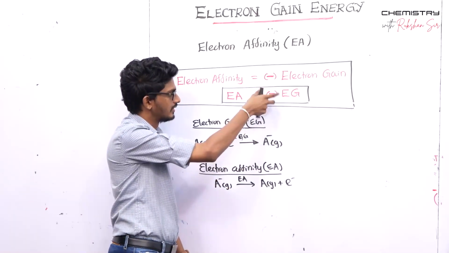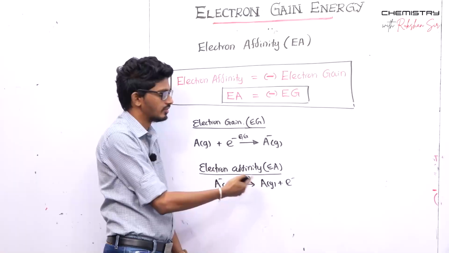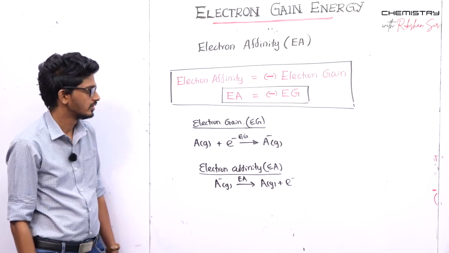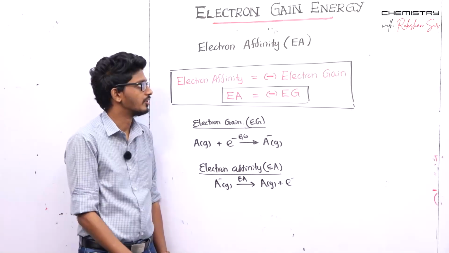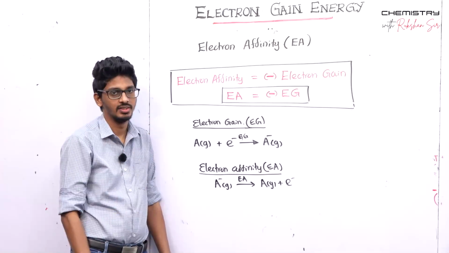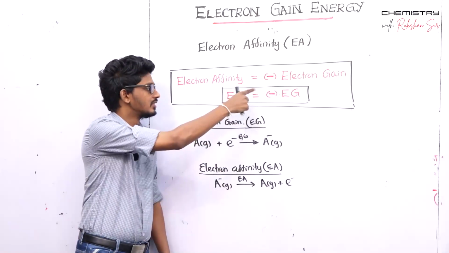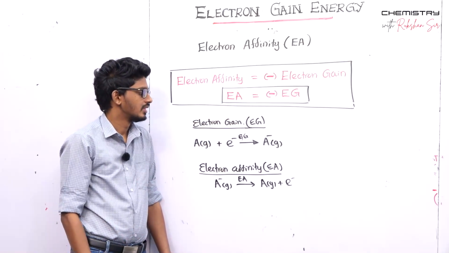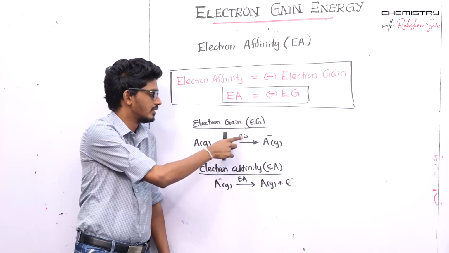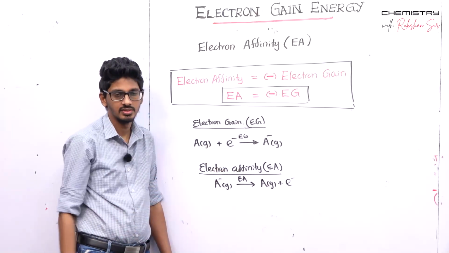That is regarding the numerical values. This is regarding the equation. That is the only thing you should know about the electron affinity. It is just the opposite of the electron gain. The values are opposite, meaning just the signs exchange with the numbers, and the equation also is opposite, meaning the reactants become products, products become reactants.